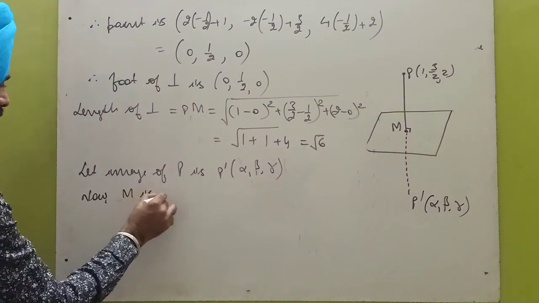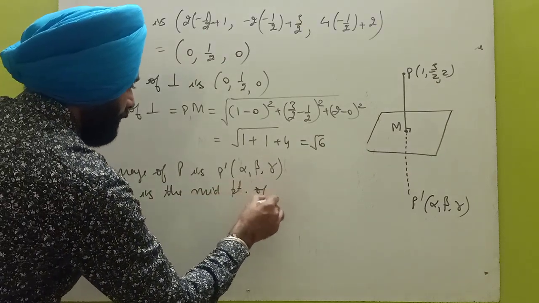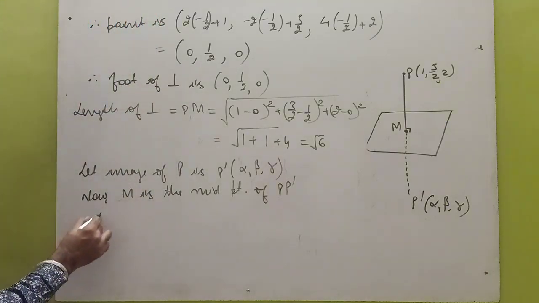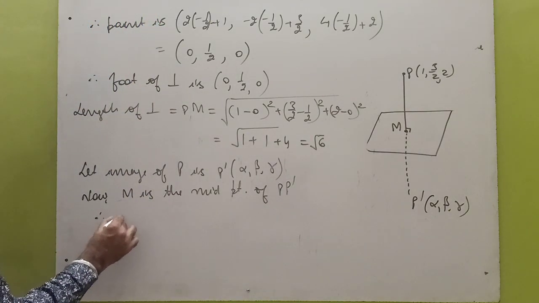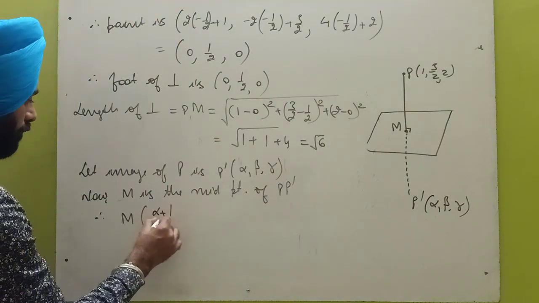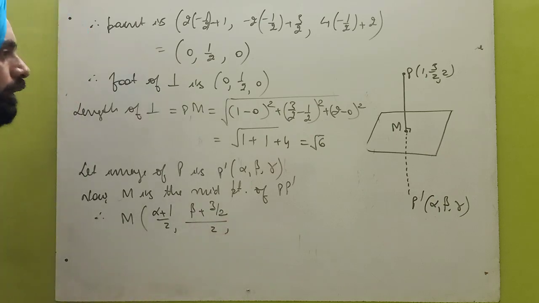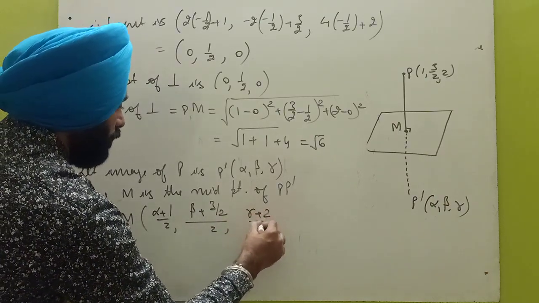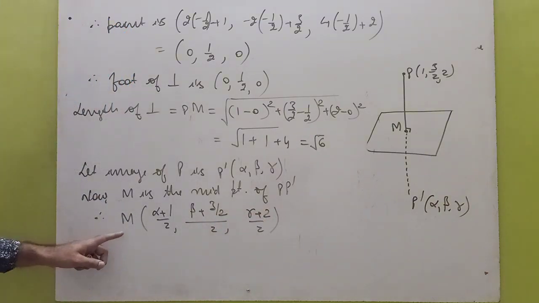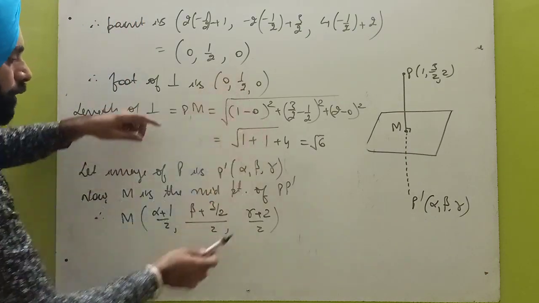Therefore apply the midpoint formula. Coordinates of M are (alpha plus 1)/2, (beta plus 3/2)/2, and (gamma plus 2)/2. So this is the midpoint, meaning the coordinates of point M. But the coordinates of point M we have already found.